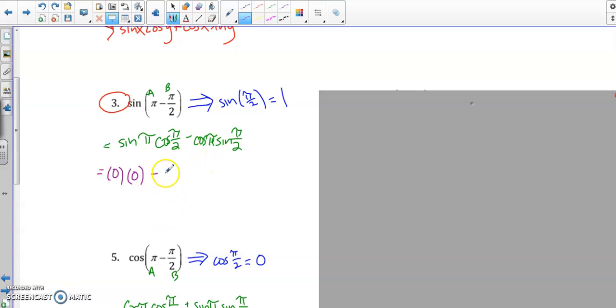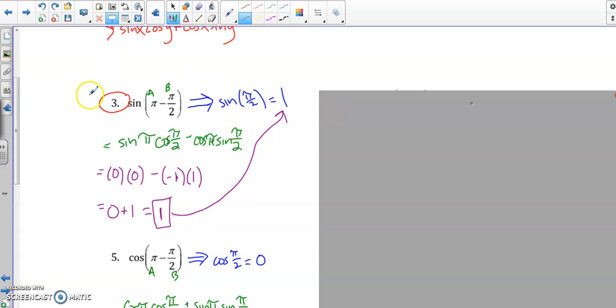The cosine of pi is negative 1. And the sine of pi over 2 is positive 1. So we have 0 minus a negative 1, which is 1. So interestingly enough, that checks. It comes out to what it should be. We know the sine of pi over 2 is 1, and then this whole long identity gives us the same answer.